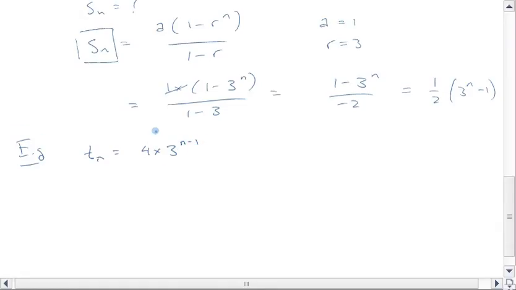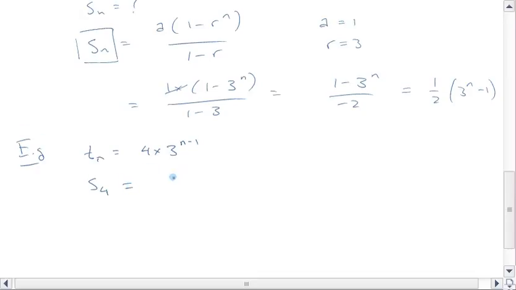We're not actually going to worry about writing this sequence out, but there's enough information here to work out, say, S4. We're going to find the sum of the first 4 terms of the sequence without actually writing out what the sequence would be.